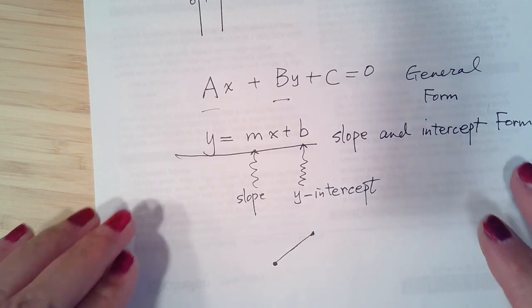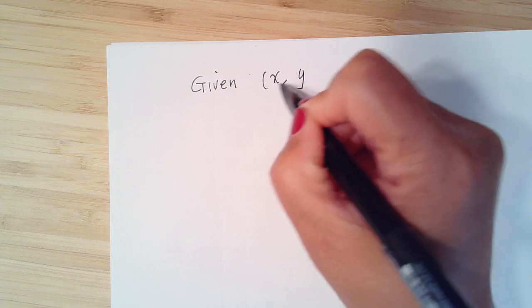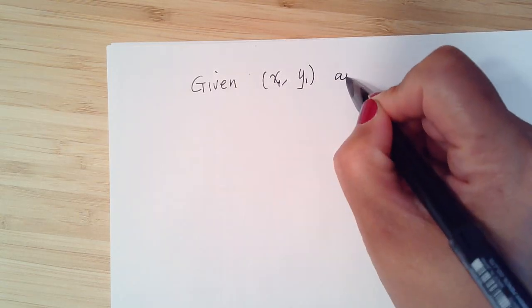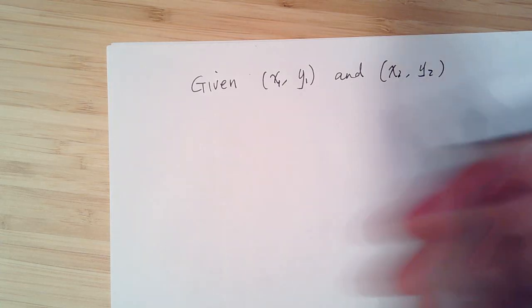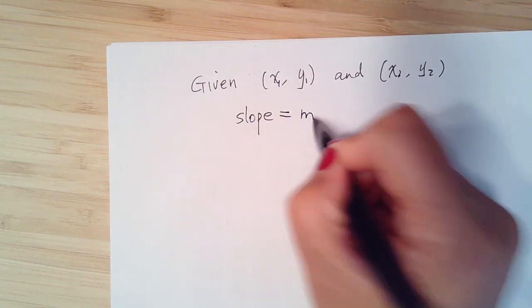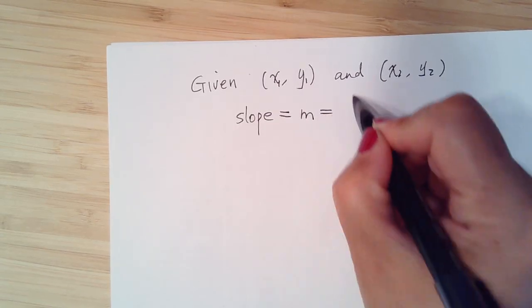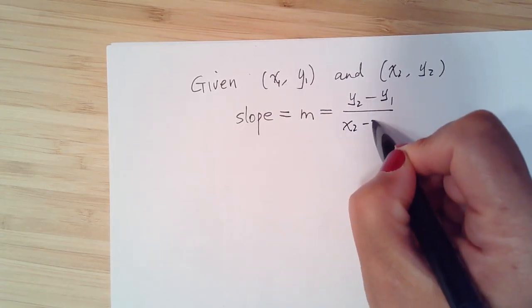Okay, so given (x1, y1) and (x2, y2), you find the slope, that is m, and that would be y2 minus y1 over x2 minus x1.